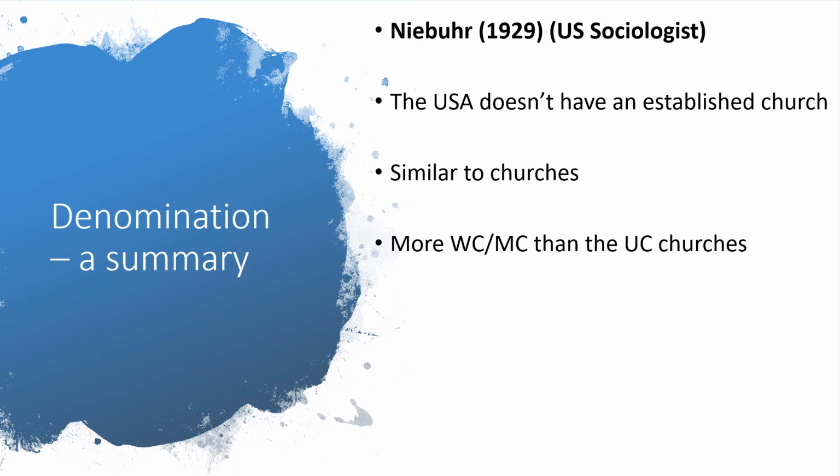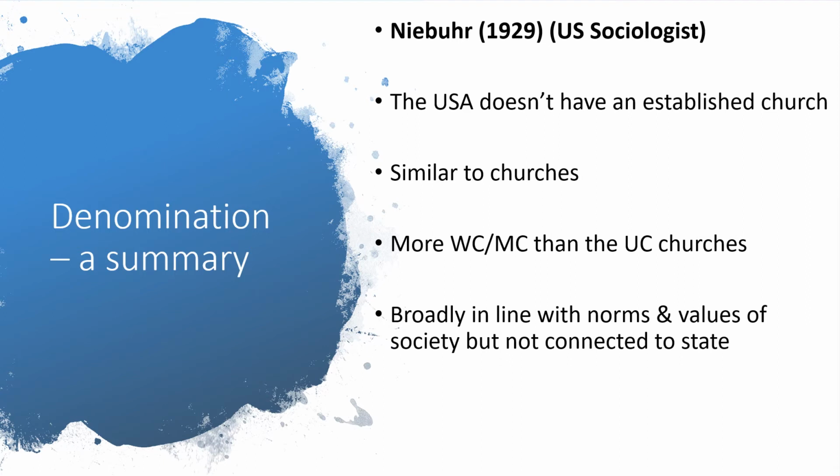They like things to stay the way that they are. Denominations tend to recruit their members from more working class or lower middle class backgrounds, whereas the more affluent and well-off tend to go into the churches. We'll explore this much more when we look at Marxism and Marxist beliefs about religion.